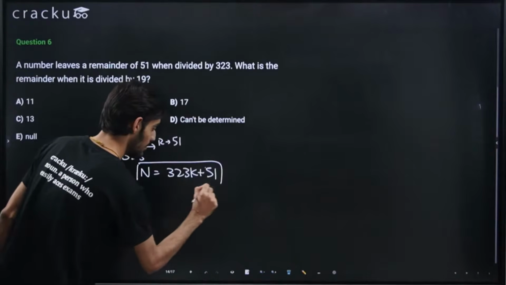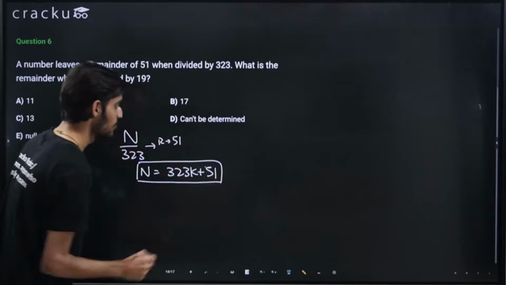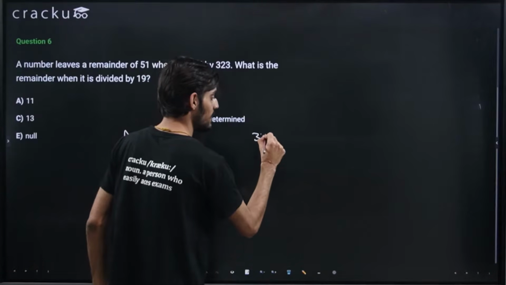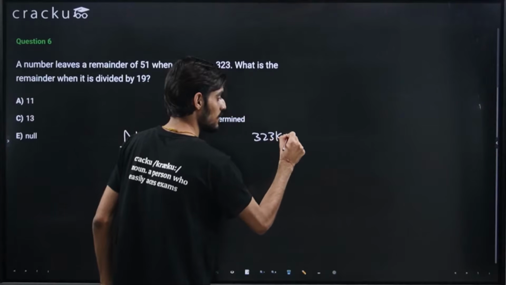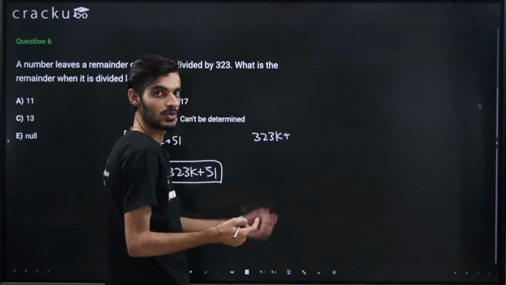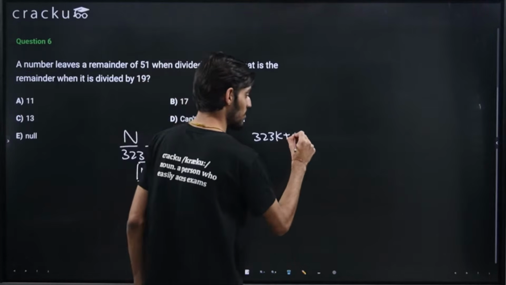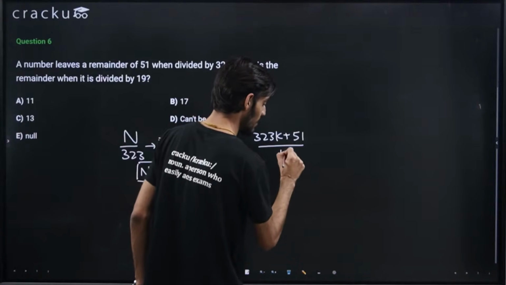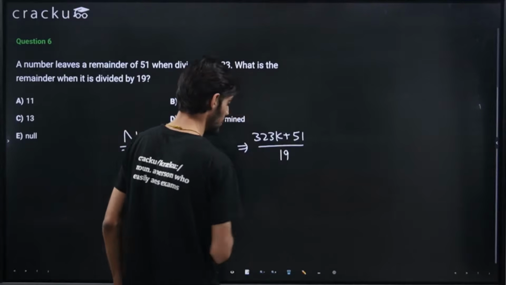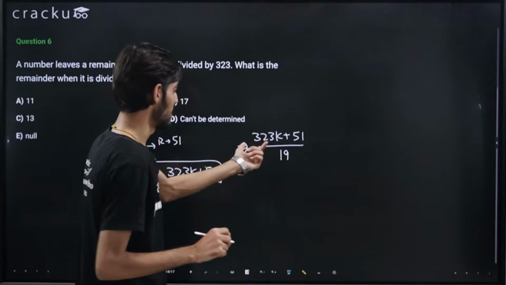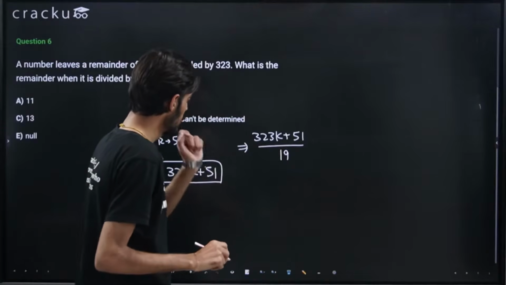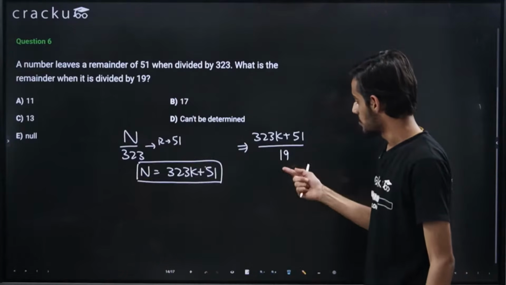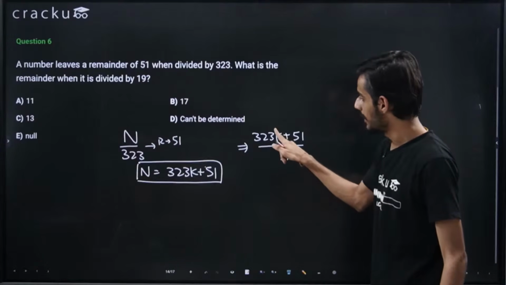Now we need to find the remainder when this number n is divided by 19. Here k is some constant, or the quotient. Because we know that 323 is divisible by 19, this value will not depend on the value of k.